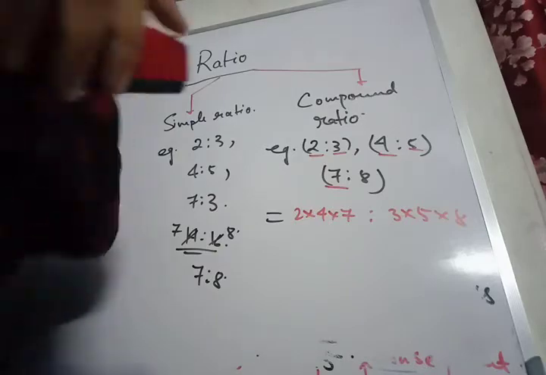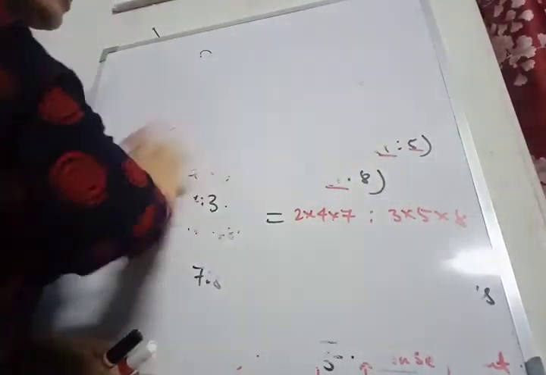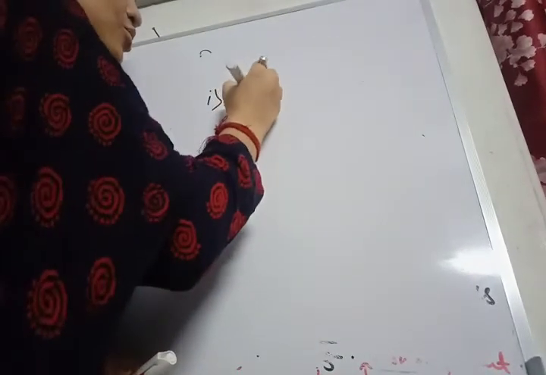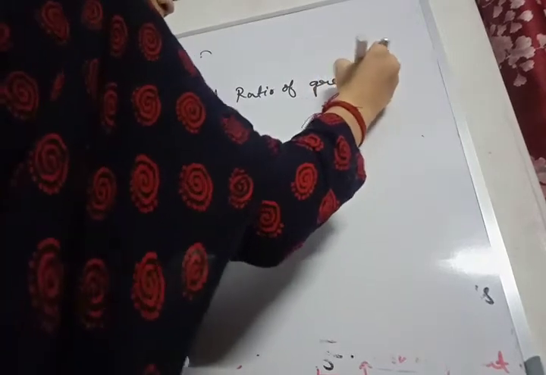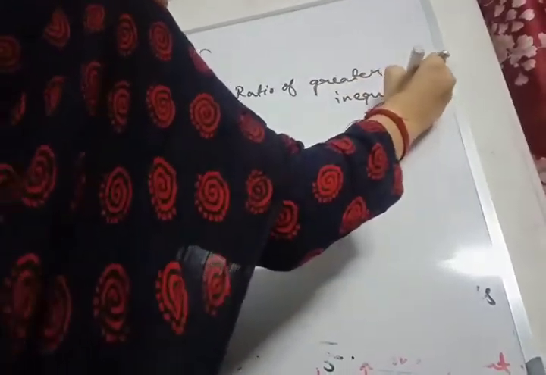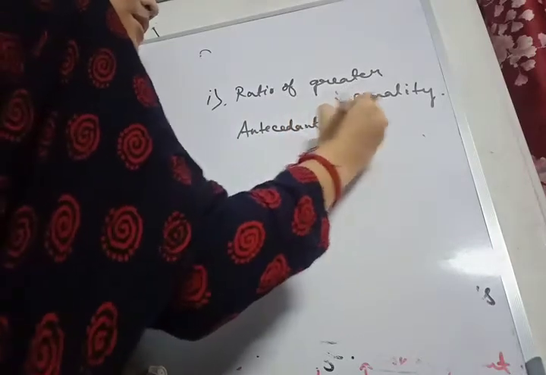Now, types of simple ratio. Under simple ratio, we have 3 types. First one, we have ratio of greater inequality. Greater inequality means what? It means the antecedent will be greater than the consequent.